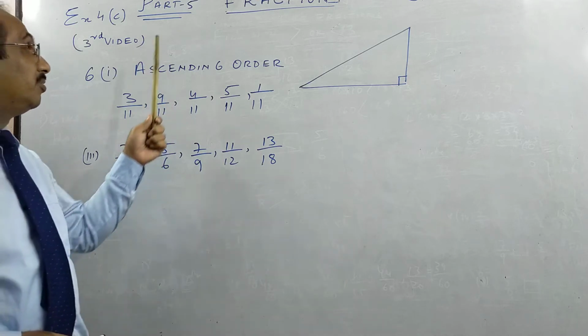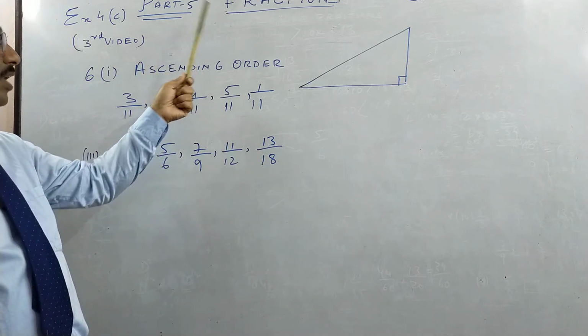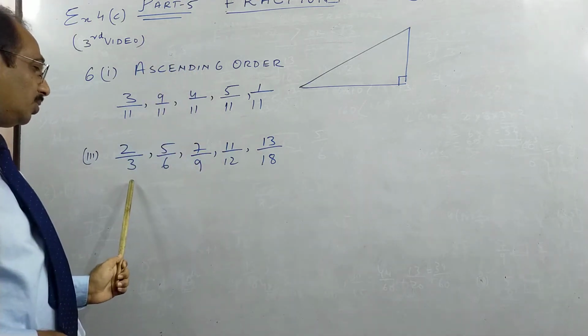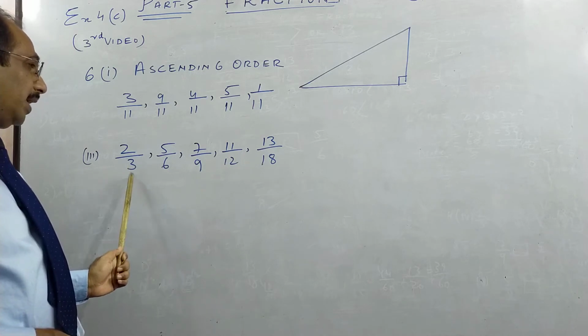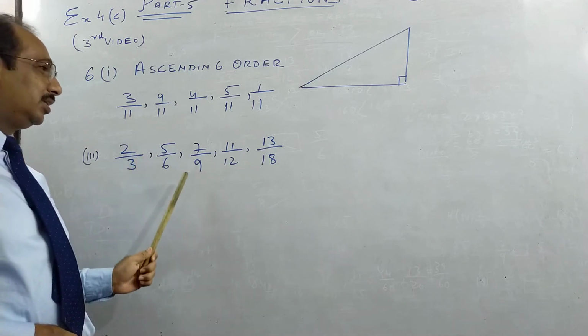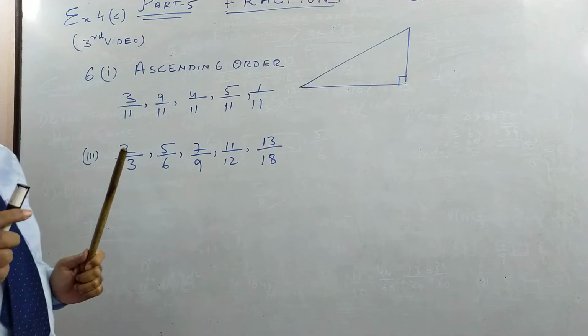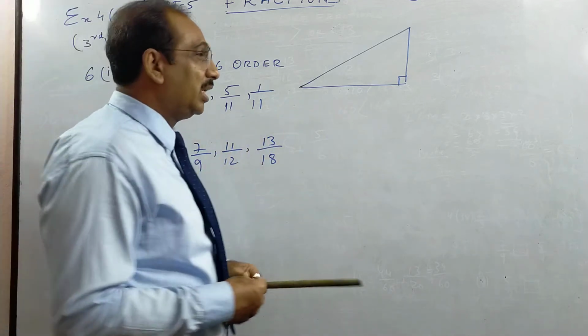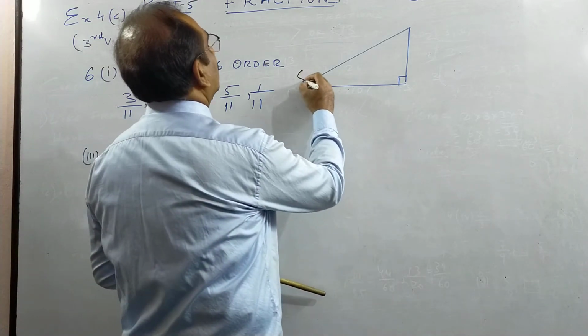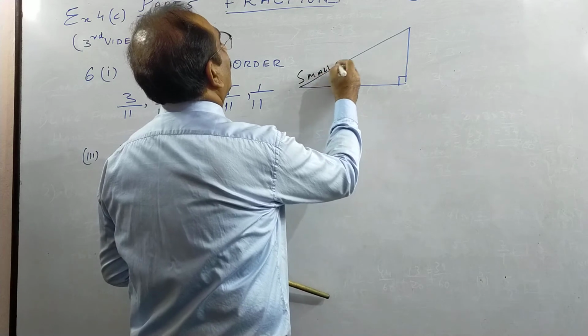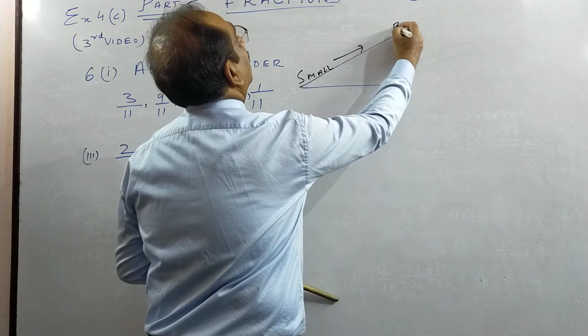In part 4 of my video on fractions, I showed how to convert unlike to like fractions; then only can we arrange. And second, what do we mean by ascending? Ascending means small to big.